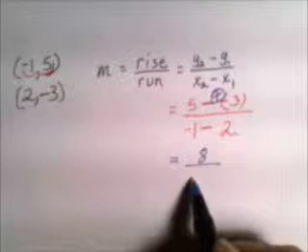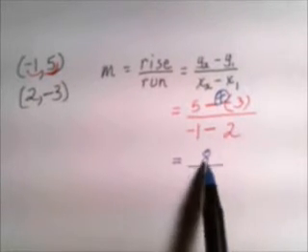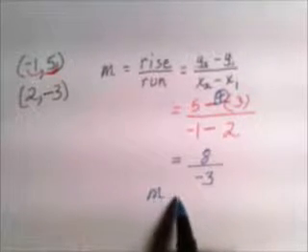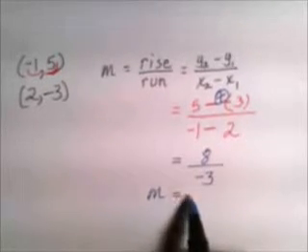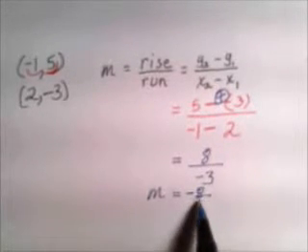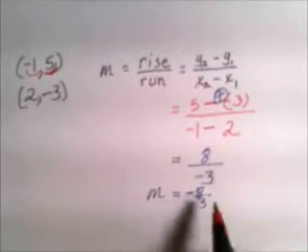So we're going to end up at negative 3. 8 divided by negative 3, that means our slope is a negative 8 over 3. A negative 8/3.